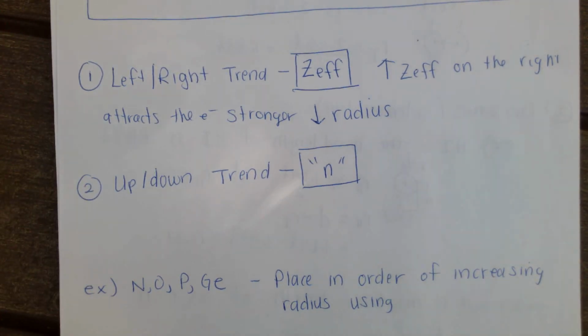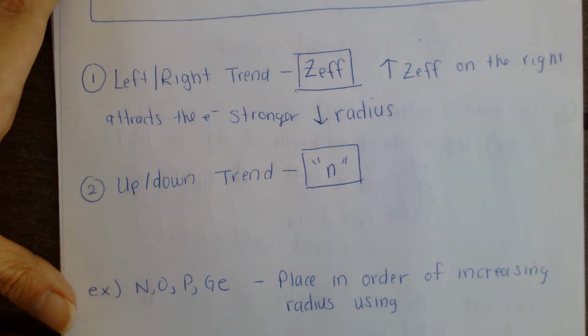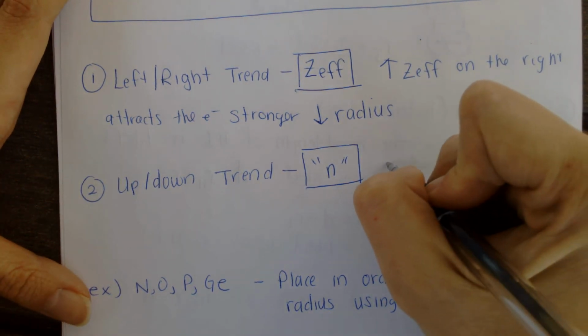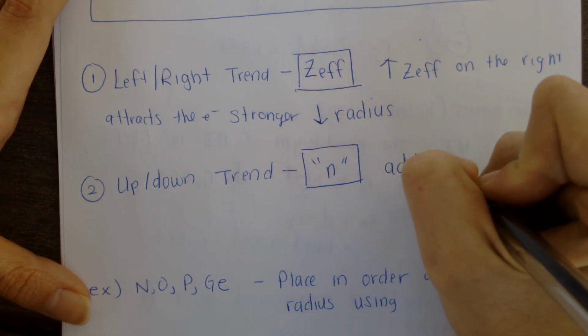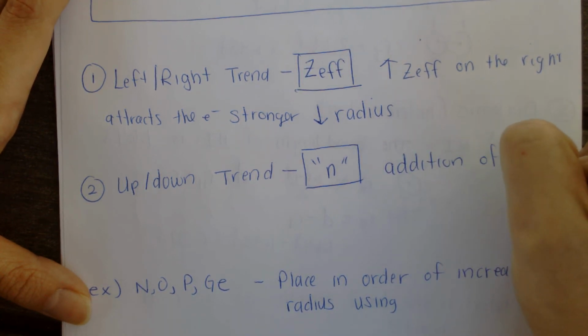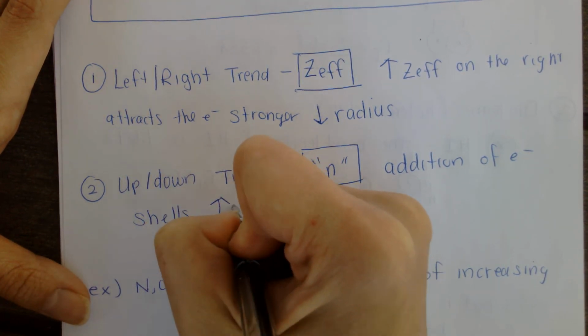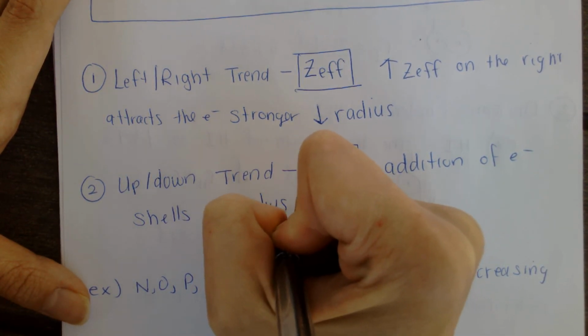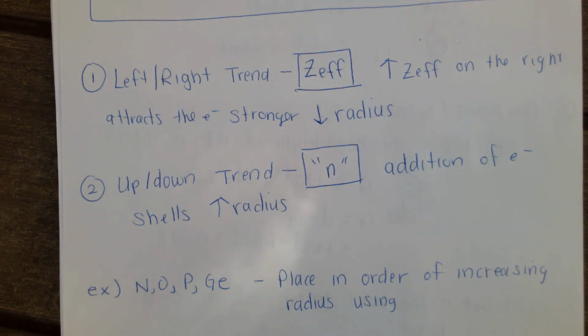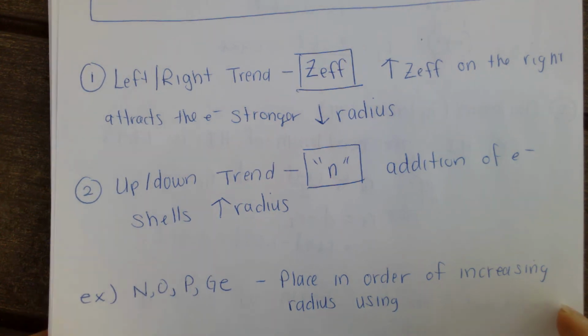As you're adding more electron shells, of course, that has to result in an increased radius. So addition of electron shells increases the radius. That one's not so bad. Pretty visual. You can kind of see how adding shells, we've drawn a handful of atoms this way, how adding those shells would result in a larger radius.